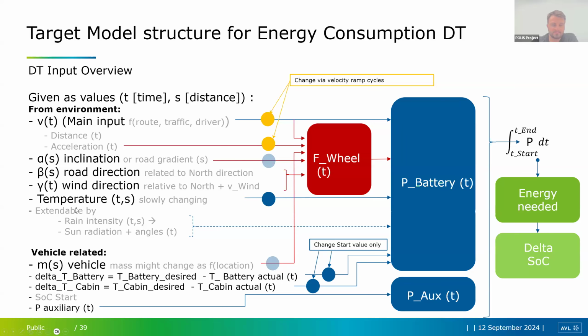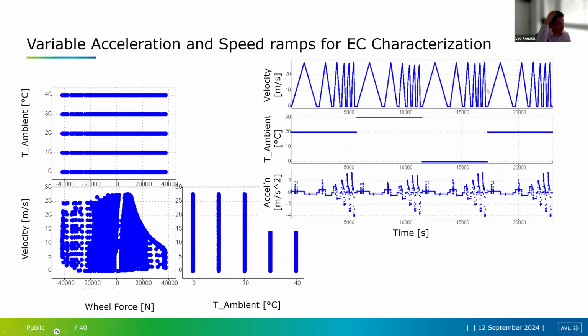Yes. So what we did this time is we developed some cycles where we have the velocity changing slowly. So we have a slow acceleration and a slow deceleration, a fast acceleration, fast deceleration, and so on. And then this is repeated at different conditions.